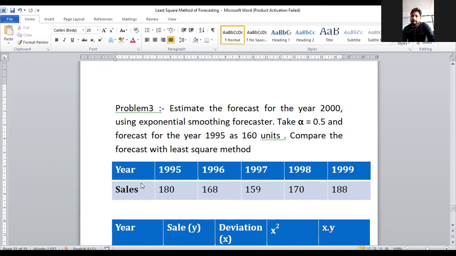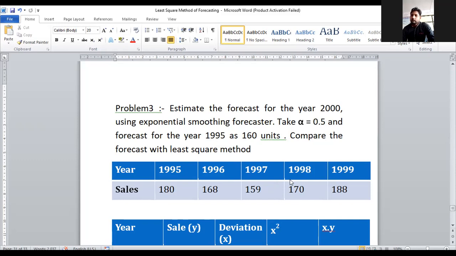So you can make two rows as year and sales. The first year is 1995, that year sales was 180 units. Then the second year is 1996, the sales was 168 units. Then 1997, sales was 159 units.